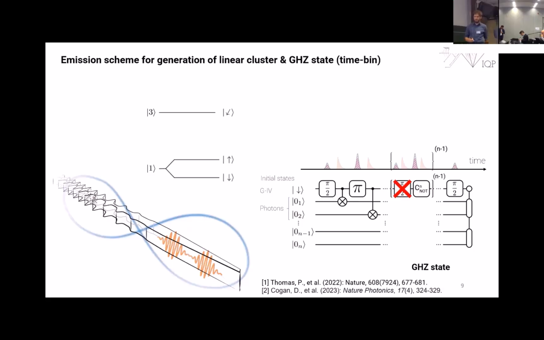We estimate, I think, Hertz rates for 100 photons. So one per second, but maybe if you can detect undesired emission events, you can abort your protocol when it happens, and maybe this can increase the rates of the generation.